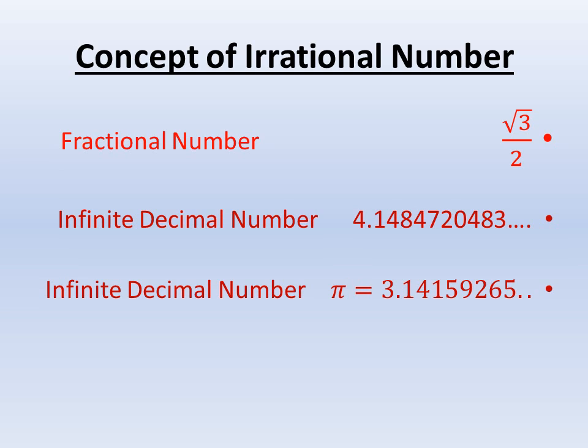Another example of an infinite decimal number is pi. Pi is equal to 3.14159265, which means it is an infinite decimal number because the digits after the point are infinite.